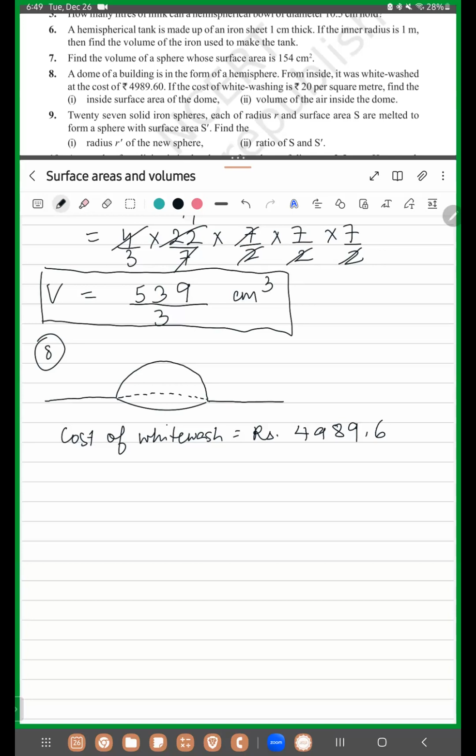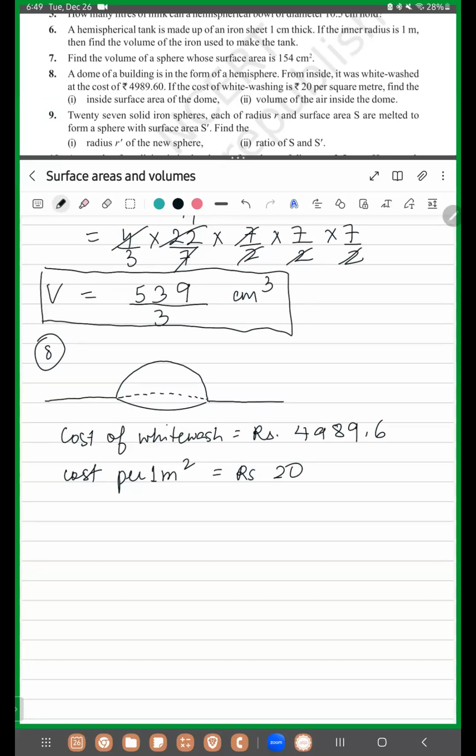If the cost of whitewashing is rupees 20 per square meter, per square meter means per 1 meter square is rupees 20. Find this and this. Find what and what? Surface area and volume of air inside the dome.